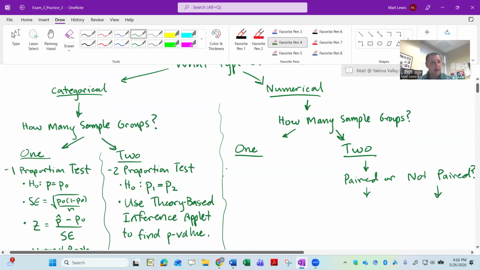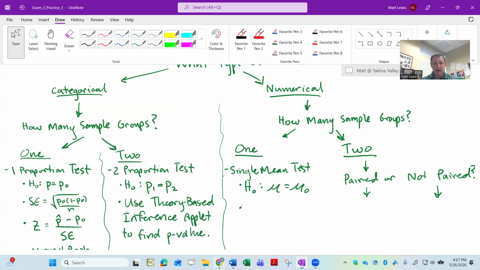All right. But let's talk about if there's one sample group. Then this is just going to be a single mean test. And like with the single proportion test, I'm going to want you to use formulas that I provide and a calculator in order to do this problem. So this would be if my null hypothesis was something like the mean is equal to some number.